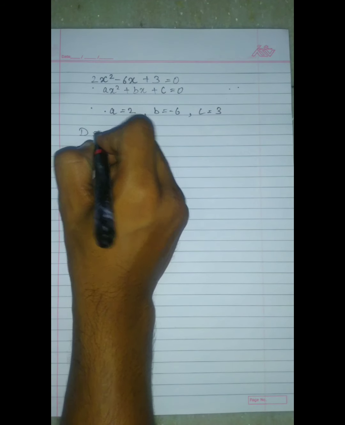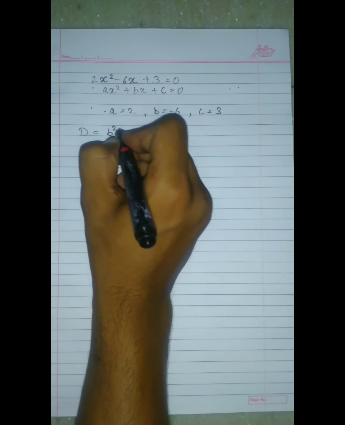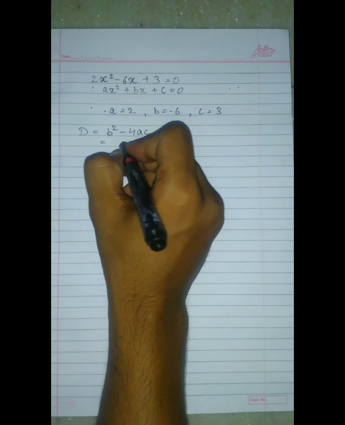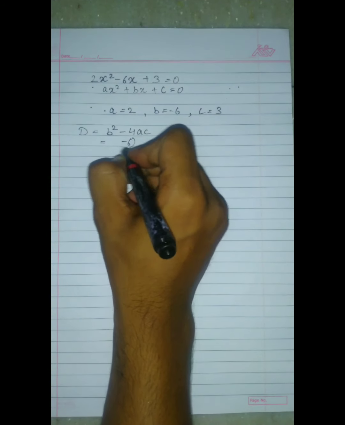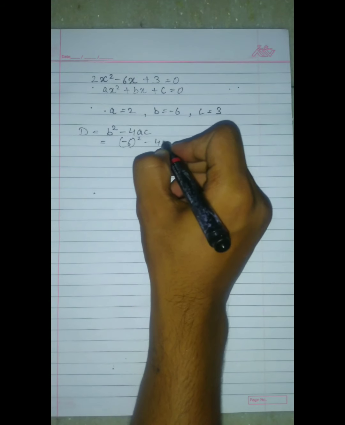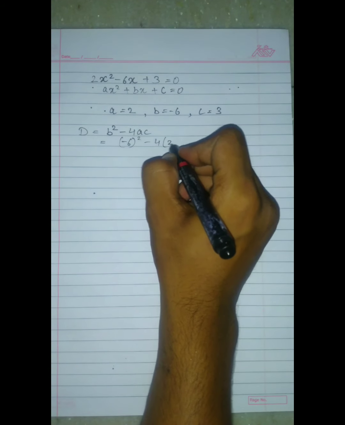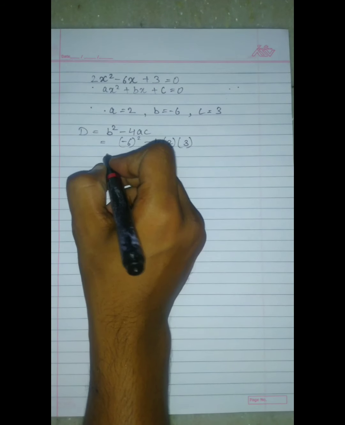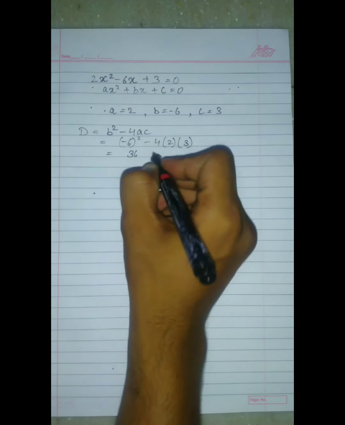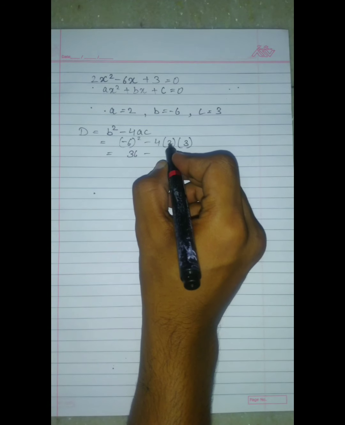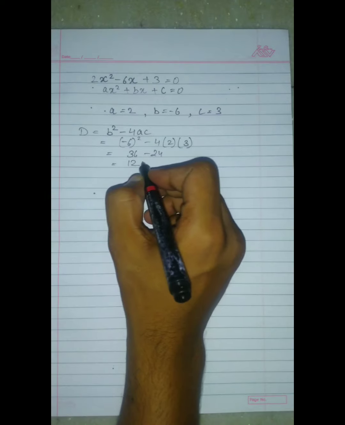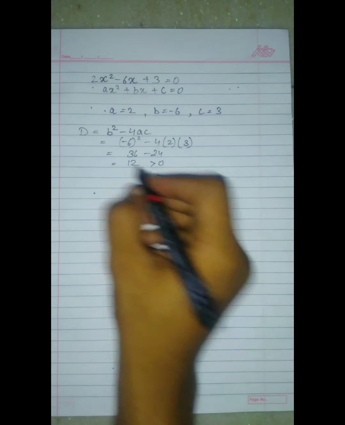So discriminant is b square minus 4ac, where b here is minus 6, so minus 6 square minus 4 into a is 2 into c, here is 3. 6 6s are 36 minus 4 2s are 8, 8 3s are 24, that will give me plus 12, that is more than 0.